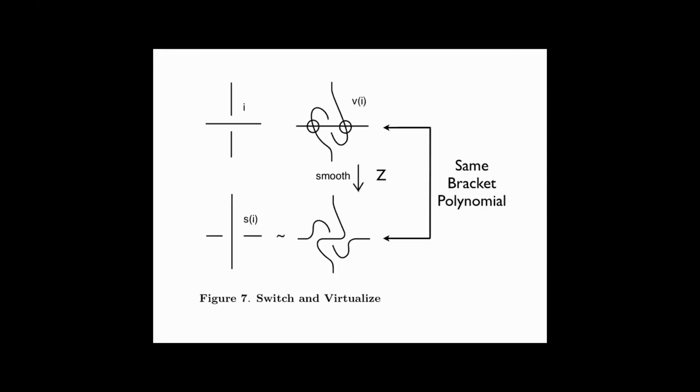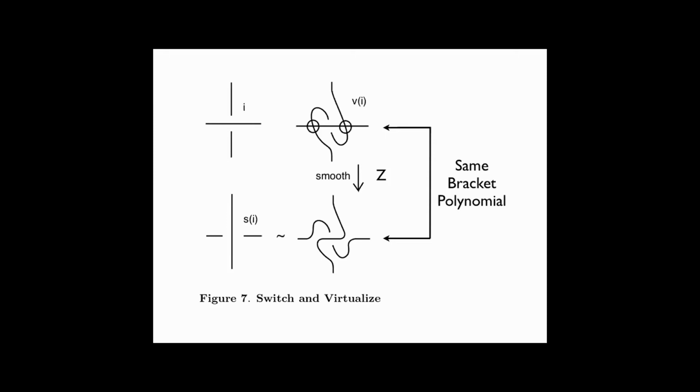Let's go back now and look at this again. The construction that I did could be described in the following way. You start with a crossing I on the left, possibly in a classical knot. You decide to draw it almost the same way. If it goes under from top to bottom, it should still go under, but you go down through virtually and then go up under and then down through virtually.